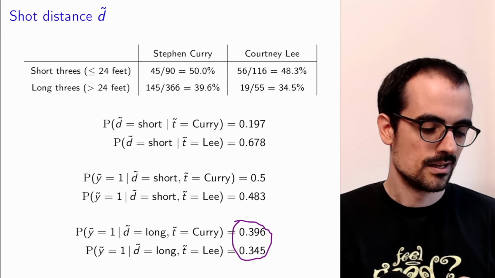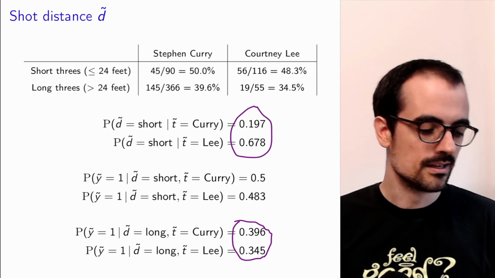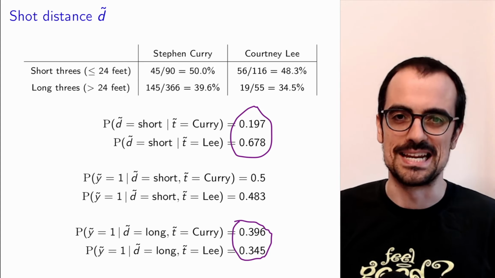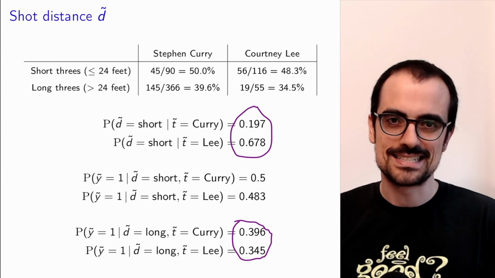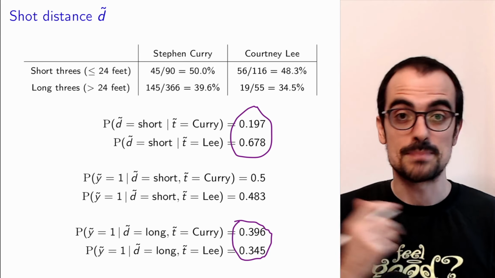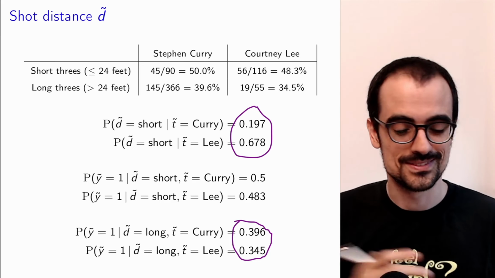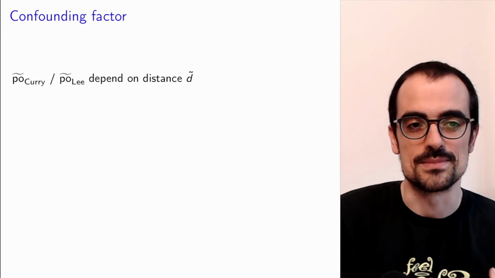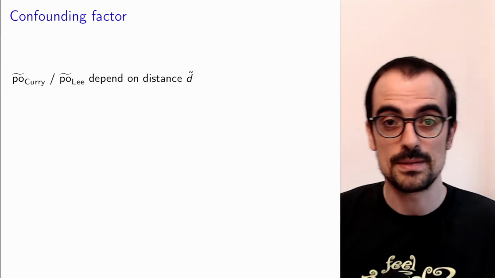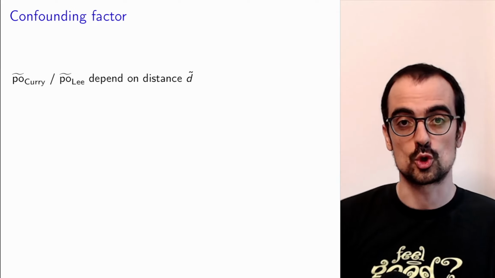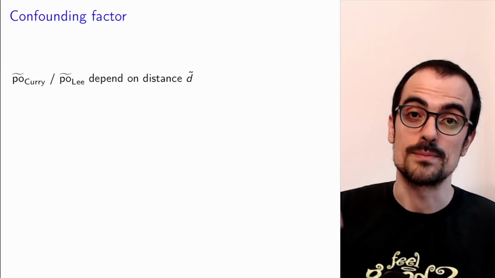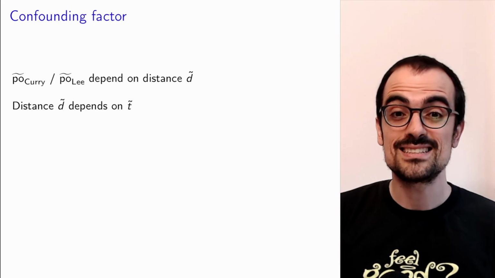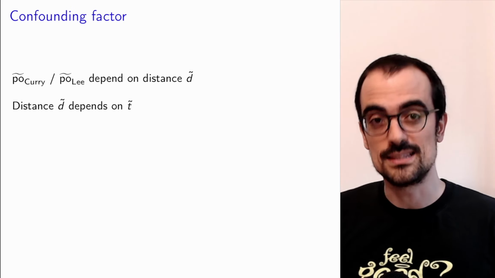So again, Curry is taking many more long threes and far fewer short threes, but short threes are much easier. So what do we conclude? We conclude that the potential outcomes depend on the distance, because it's easier to make shorter threes for both of the players than to make longer threes for both of the players. And the distance depends on who the shooter is in the following sense.